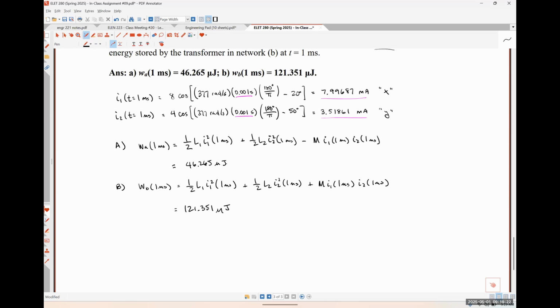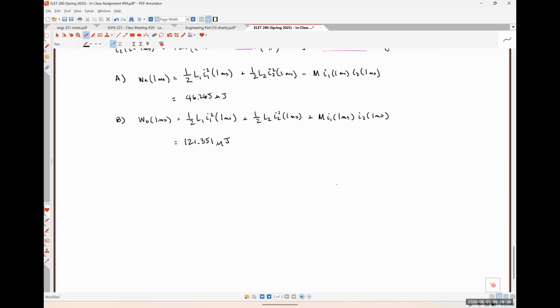Just for what it's worth, I know the units are joules, but I want to make sure you guys understand why. Inductance is measured in henries, where a henry is a volt second per amp. And then we have current squared, so that's amps times amps.